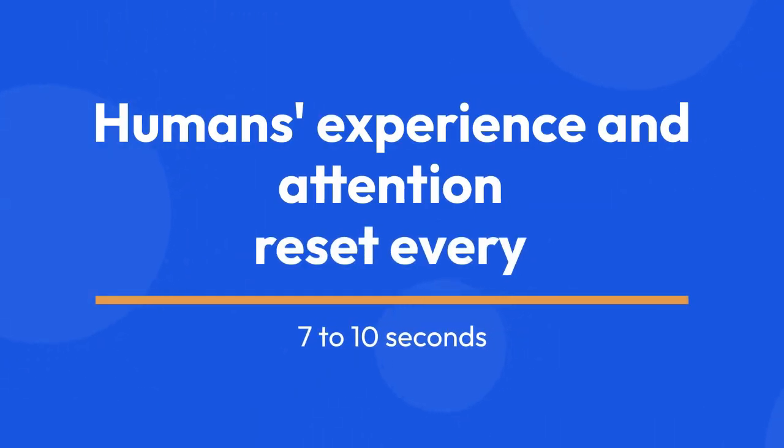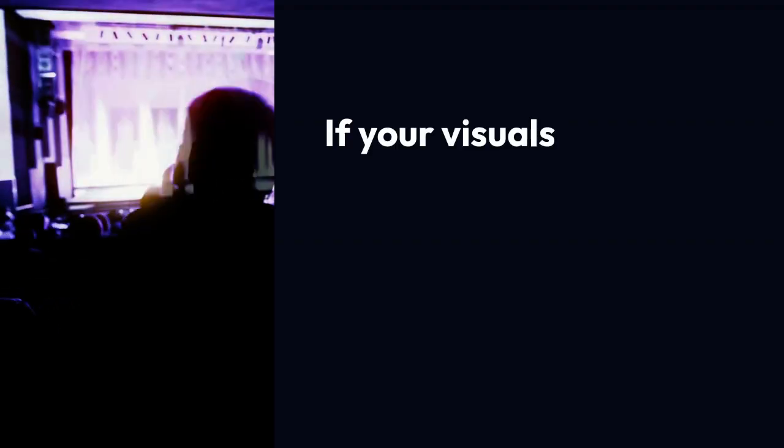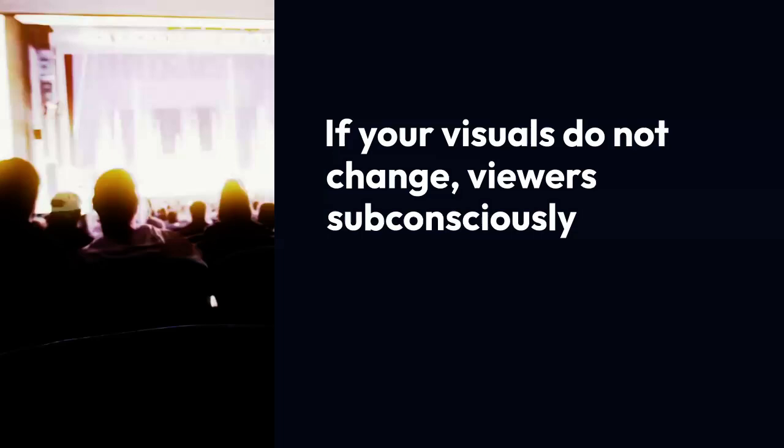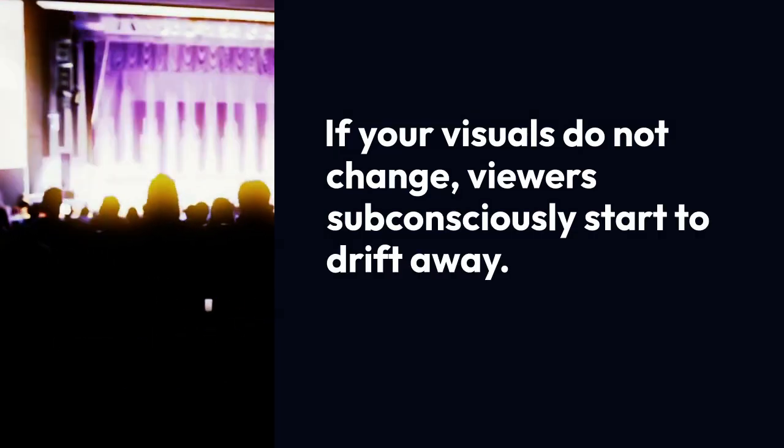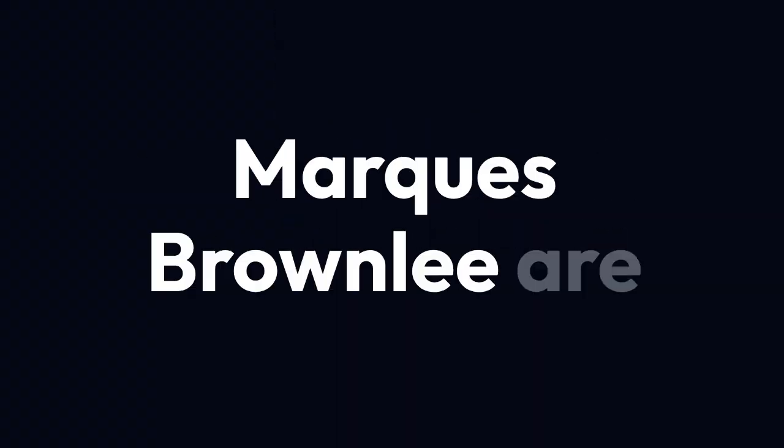According to cognitive video research, humans experience an attention reset roughly every 7 to 10 seconds. If your visuals do not change, viewers subconsciously start to drift away. That is why professional creators like Ali Abdaal and Marques Brownlee are constantly switching camera angles in their videos.